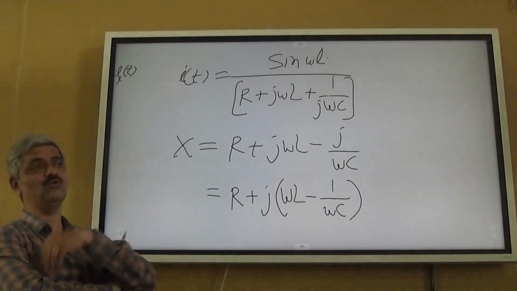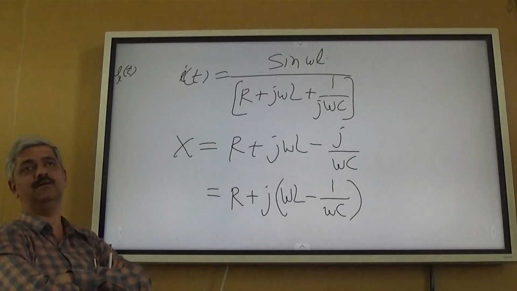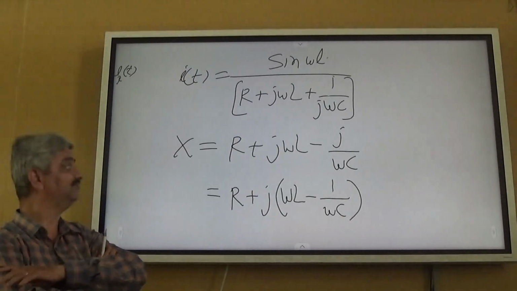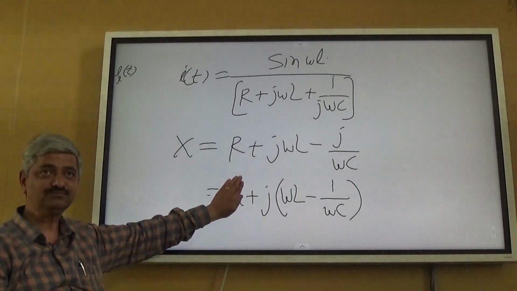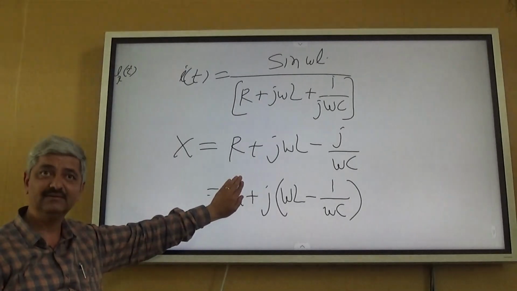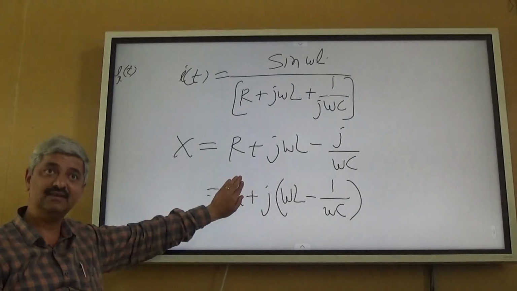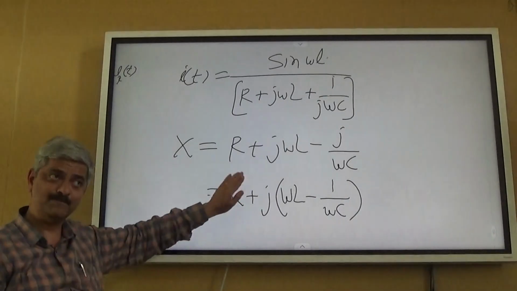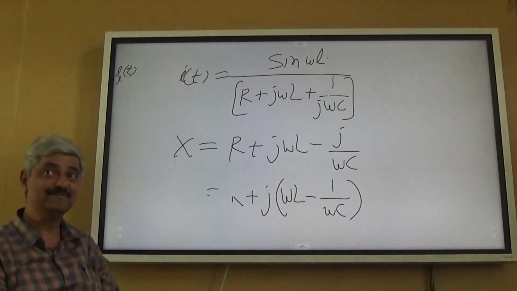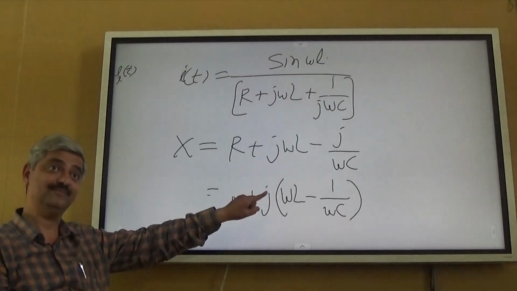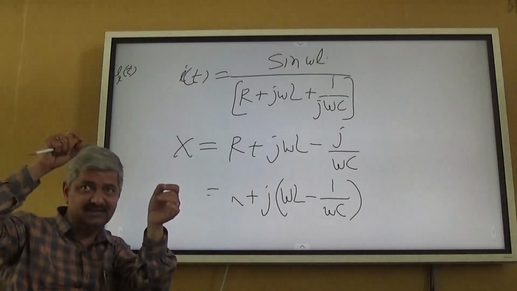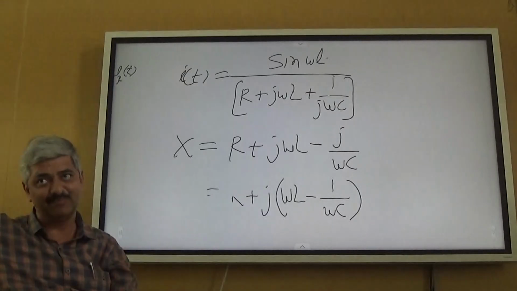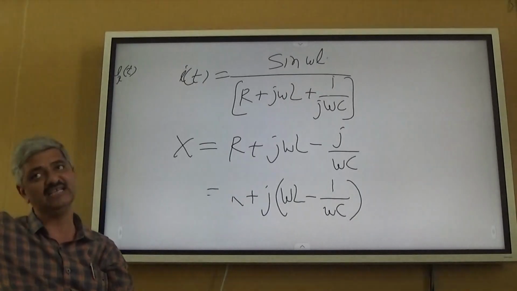When we have a circuit of only L and C, only imaginary, suppose R is not there, only imaginary, depends on L and C. For given L and C, it depends on omega. So in the circuit, components R, L and C are fixed in a given circuit, and you can apply a sinusoid of various frequencies.